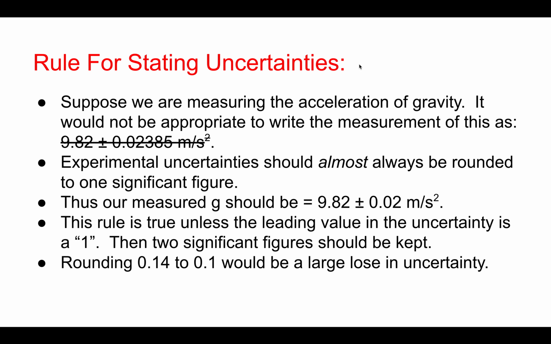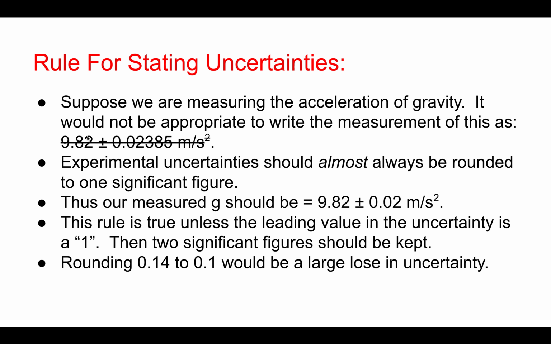So how do we state these uncertainties? Let's say we're measuring gravity, the acceleration of gravity, and we know it's 9.82 meters per second squared, but there's some uncertainty in that. Would we write 9.82 plus or minus 0.02385? Probably not, because this uncertainty has much more decimal places than this value here.